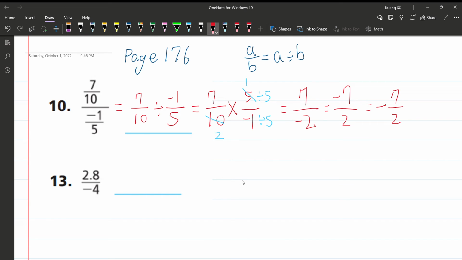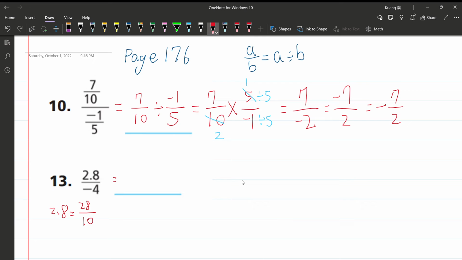Okay, when you see a decimal divided by an integer, how can we do this? So when we make this into this, it will be easier. Make the decimal become a fraction. Because 2.8 equals 28 divided by 10.